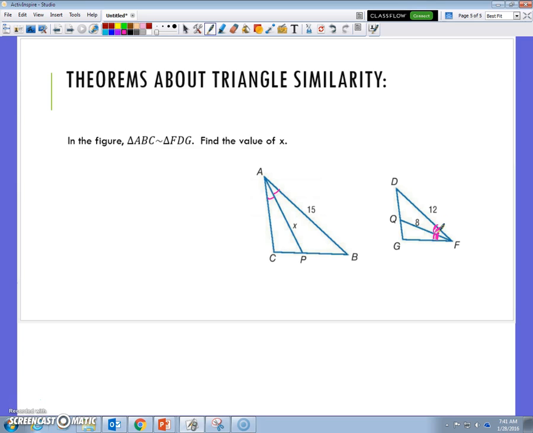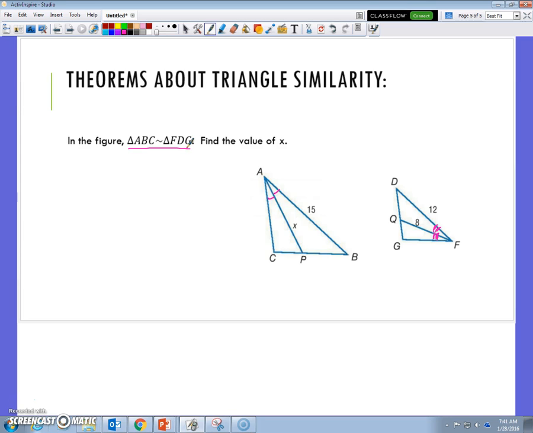So I guess the first thing I need to do is make sure that it's similar in this case. Since I don't see a side-side-side or a side-angle-side, it doesn't tell me any of that information. I need to read the directions to make sure they are similar. In this case, it guarantees that triangle ABC is similar to FDG, so I'm good to go as far as my theorem about angle bisectors.